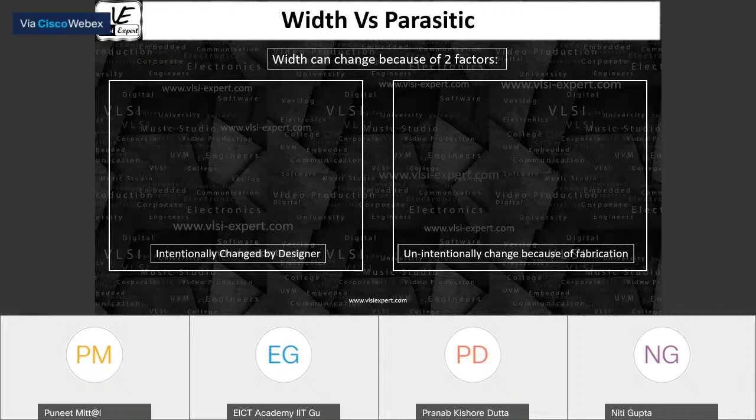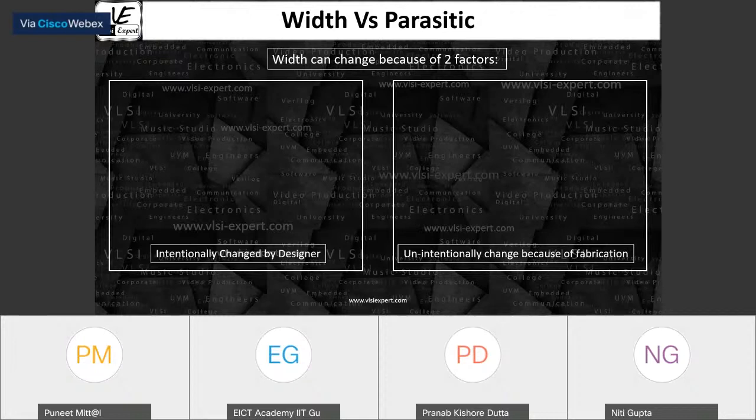But the second portion is capacitance. In the parasitic, the second thing is capacitance. Capacitance is epsilon A by D. Now, what is that A? A is basically the width and length.